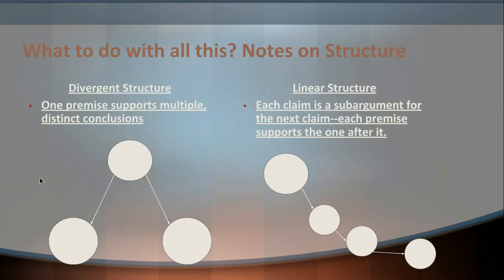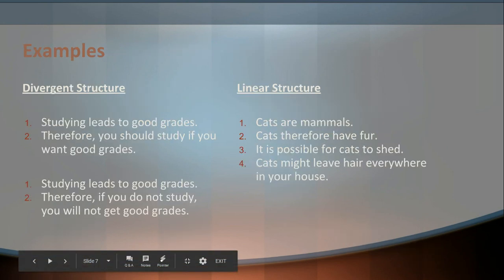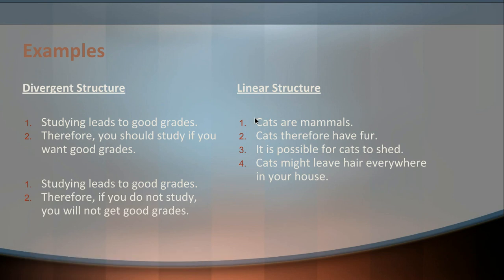In the same way, we again have the same sort of thing going on with a linear structure, in which every claim acts as a sub-argument for the ones that follow it. So here we have an argument with linear structure. Cats are mammals. Cats therefore have fur. It is possible for cats to shed. Cats might leave hair everywhere in your house.